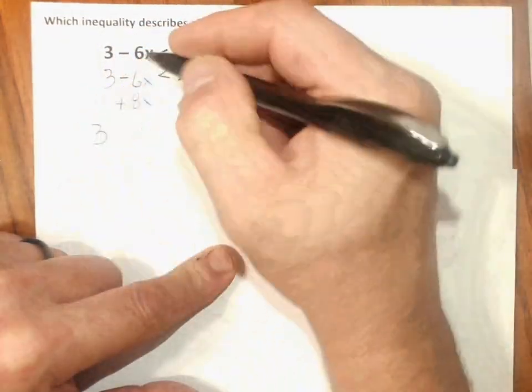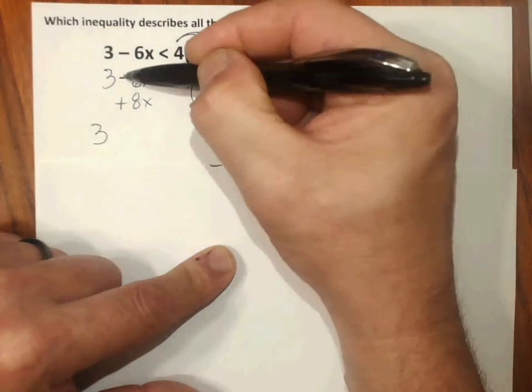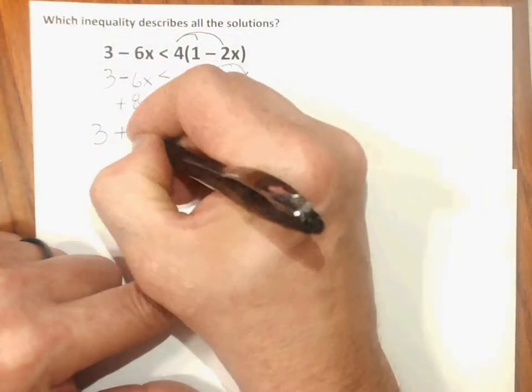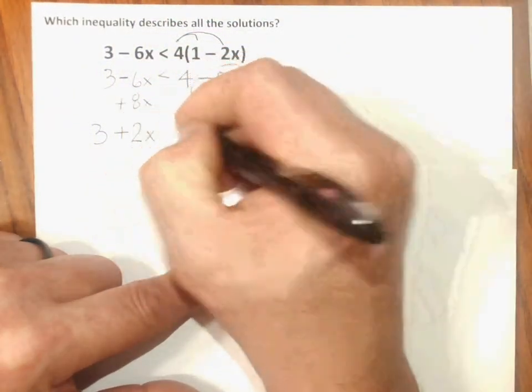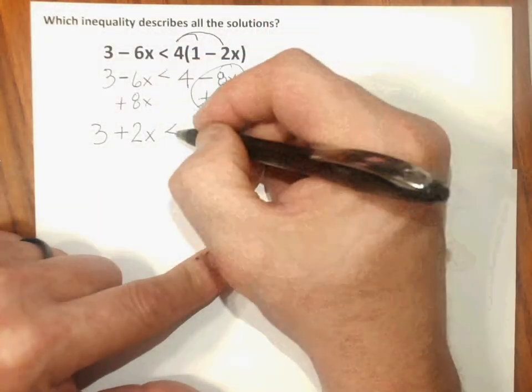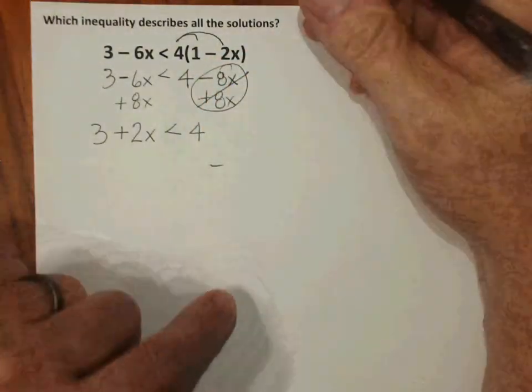And now I have 3, and then now what's a negative 6 plus 8? Use your calculator if you need to. Negative 6 plus 8 is a positive 2 in front of the variable x. Remember, adding does not switch my symbol, and I have a plain old 4 on the right side.